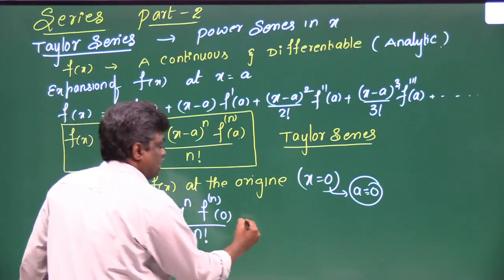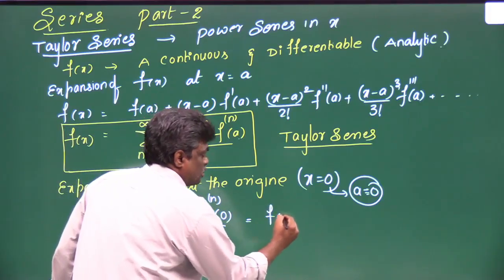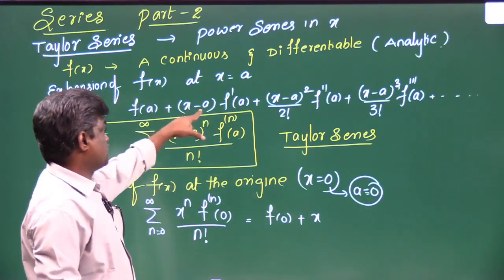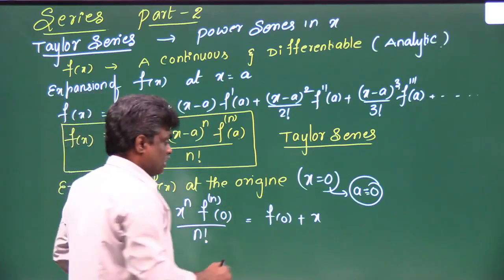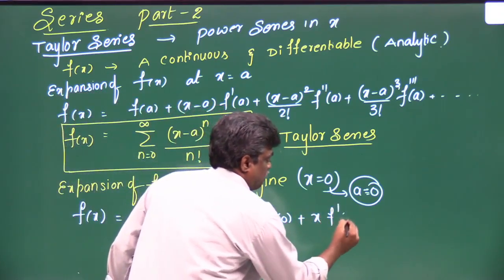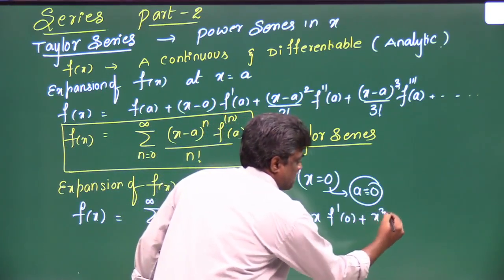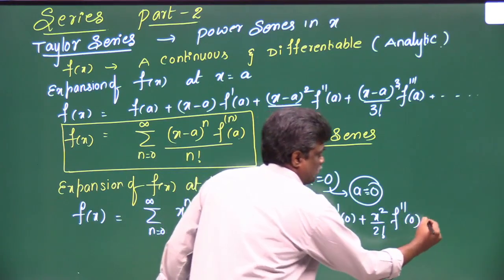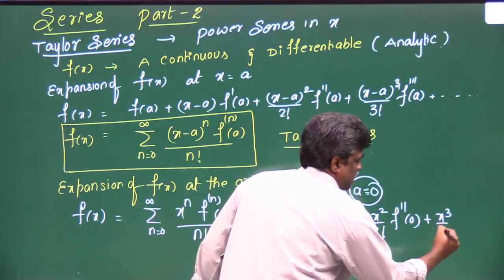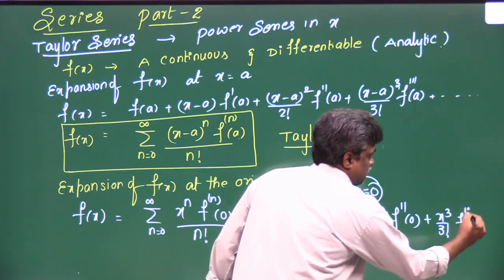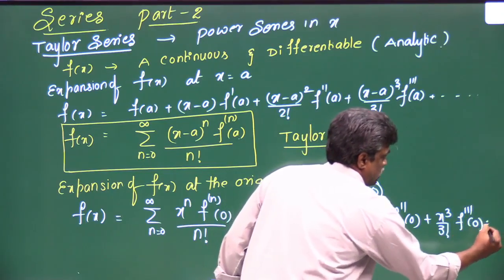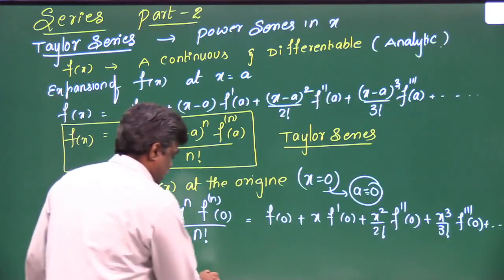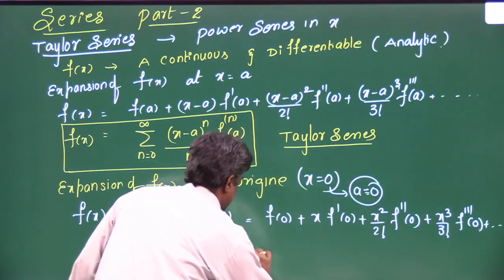If you expand this, it will be f of 0 plus x, because x minus a, here a is equal to 0 now, that's why x, f dash of 0, plus x square by 2 factorial f double dash of 0, plus x cube by 3 factorial, third derivative of f at x equal to 0. That's it. And this series we call a Maclaurin series.